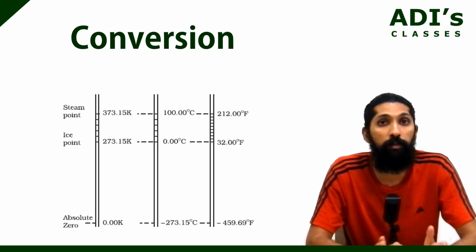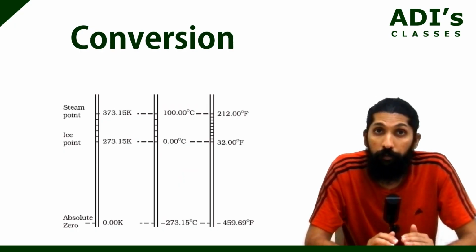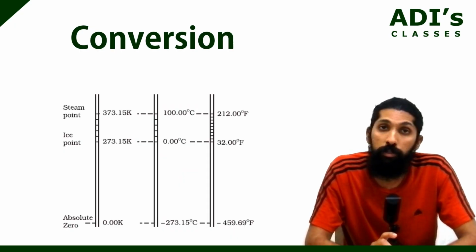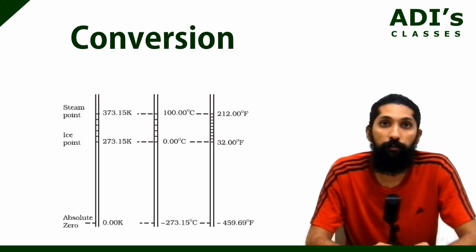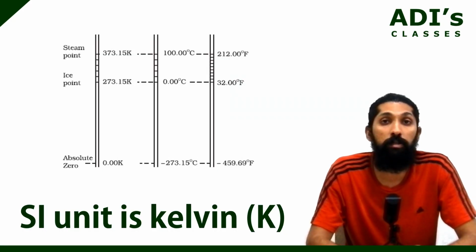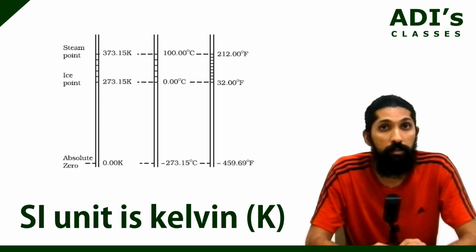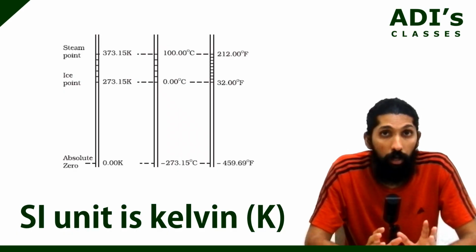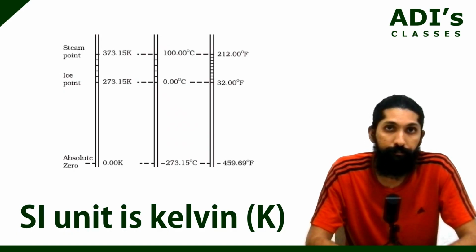You have the relation between all three temperature scales, correct? Look at the freezing point, the boiling point, and the number of divisions. And one more thing: the SI unit of temperature is Kelvin. Even though degree Celsius is the most used all over the world, Kelvin is the SI unit for temperature.